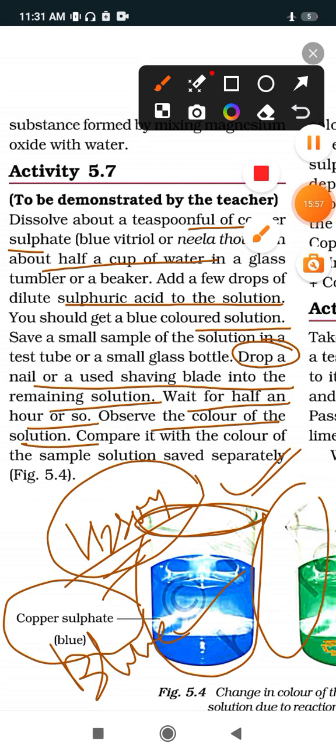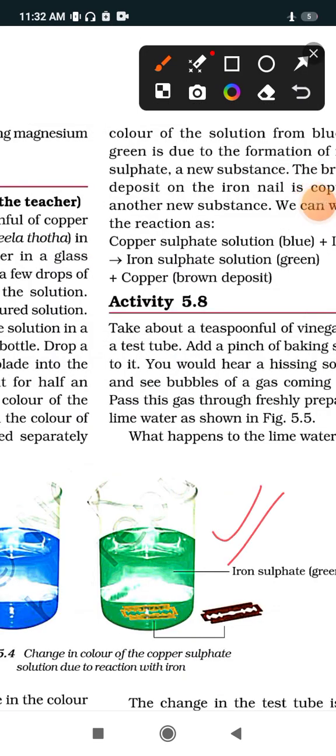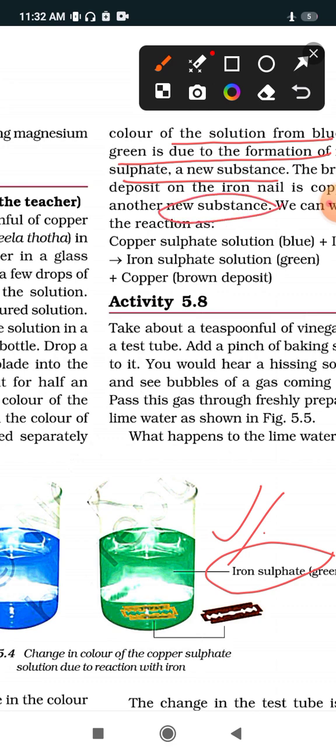Now this is the reaction. Here from copper sulfate it forms iron sulfate. Clear? So the color of the solution changes from blue to green due to the formation of iron sulfate, and iron sulfate is a new substance. The brown deposit on the iron nail is copper, another new substance.